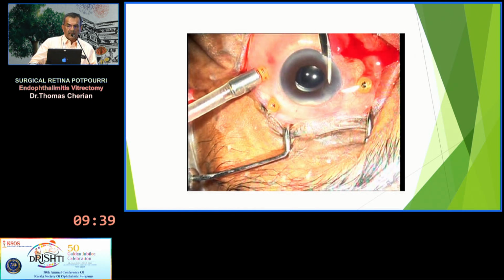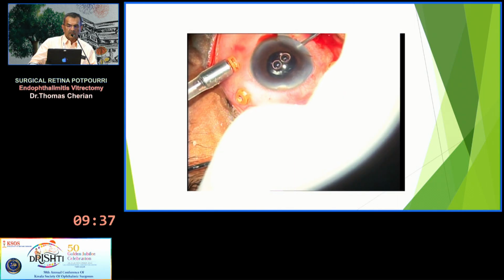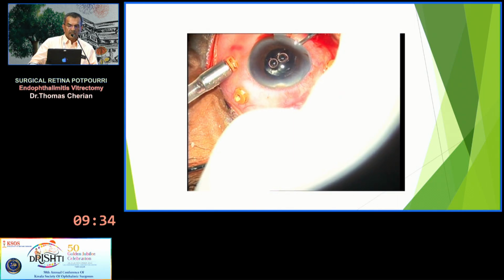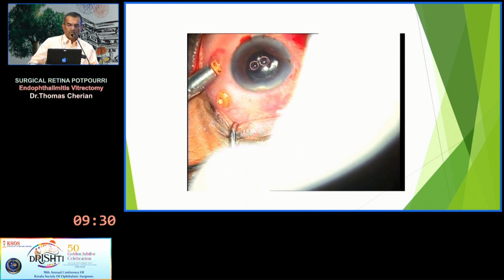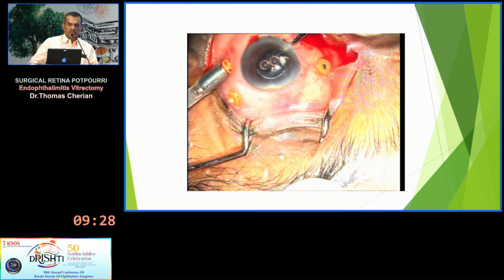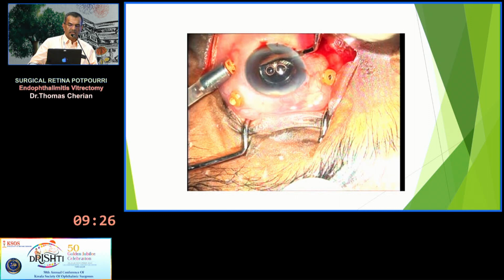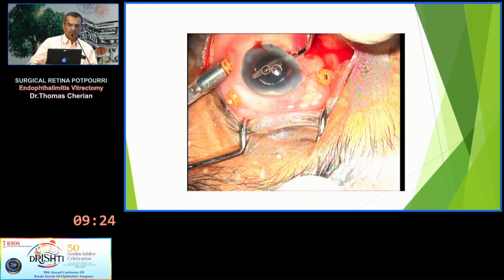Here there was some posterior synechiae, that also I am trying to release with this. Enter the anterior chamber, inject viscoelastic, and go with an iris repositor and release the synechiae, try to make the pupil round.